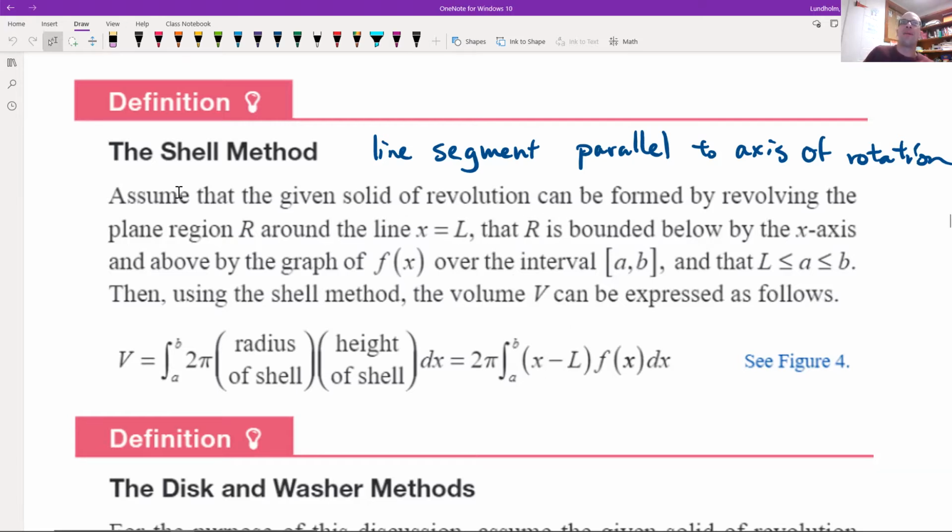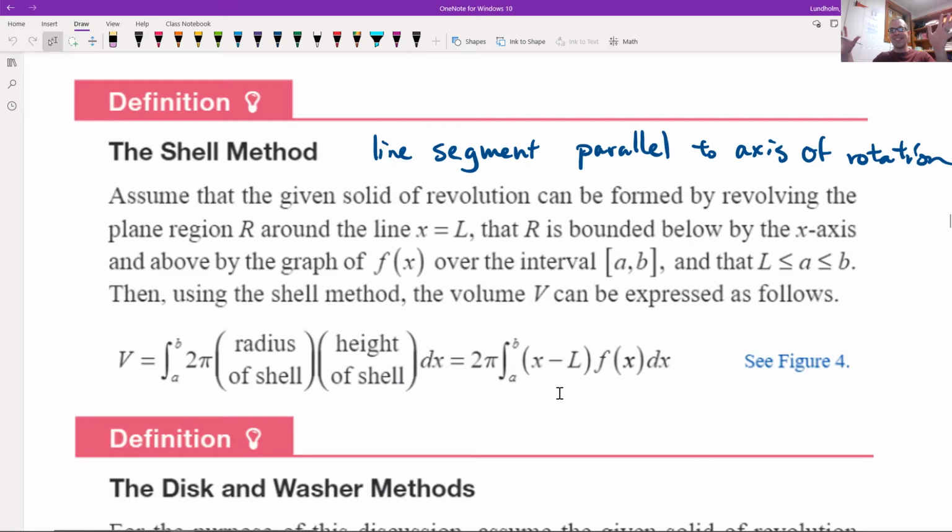Well, here we are revolving around the line x equals L. So this is a shift in the axis of rotation so that it's not just the y-axis, which is x equals 0, it's the line x equals L. And so this minus L adds or subtracts units onto that radius, depending on where this line is.